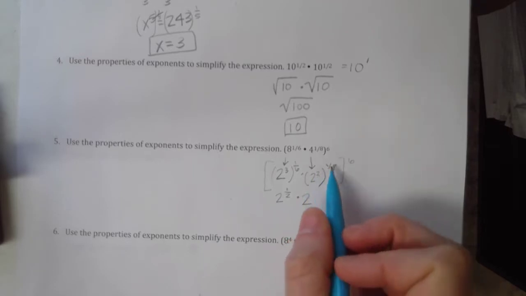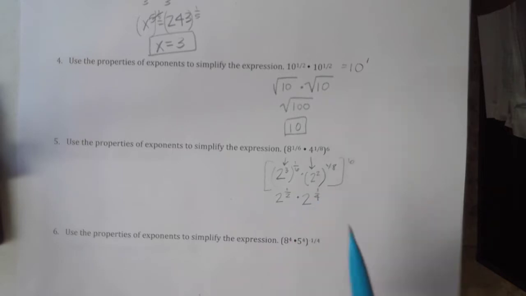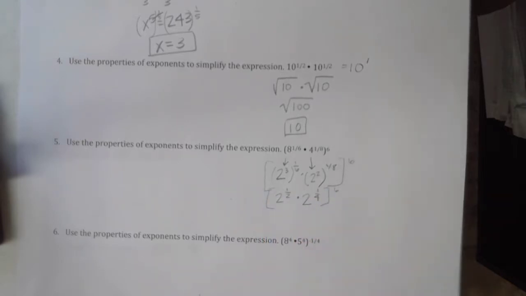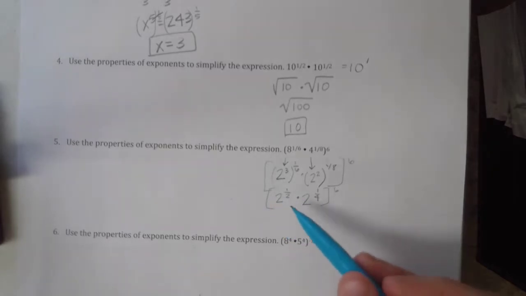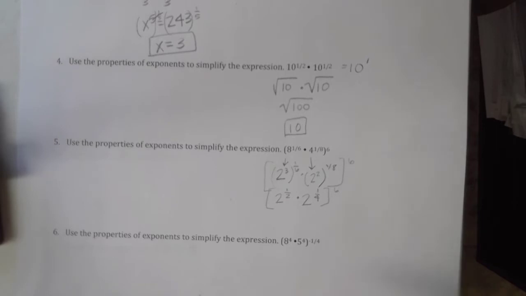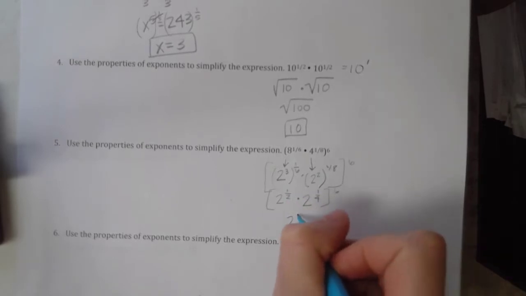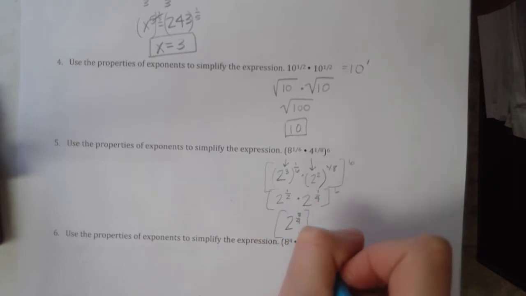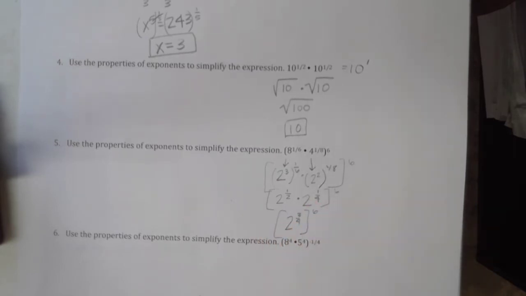So that's going to be 2 to the 1/4 power. And this is still all going to be raised to the 6th power when we're done. Okay? And then my bases are the same, and I'm multiplying, so I just want to add my exponents. If you add 1/2 and 1/4, you'll get 2 to the 3/4 power. And this is all still raised to the 6th. Okay, so that's my final step.